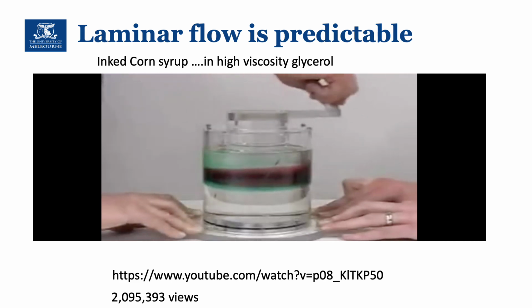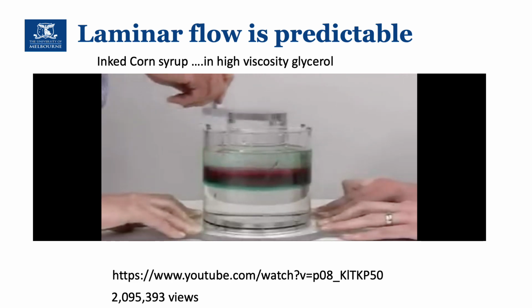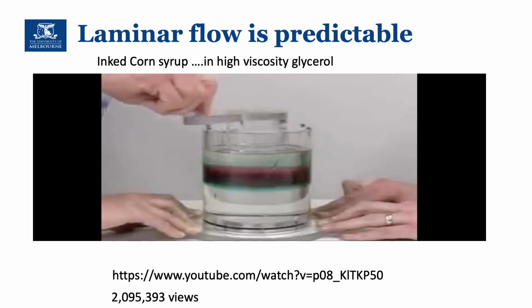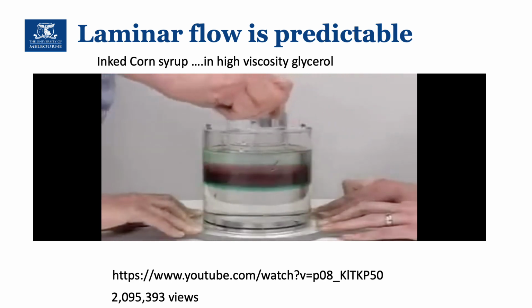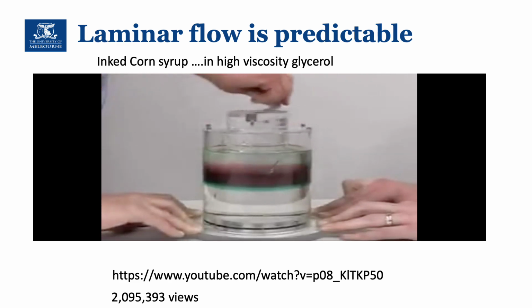There is a cylinder in the middle, and what they're doing at this point is moving it in a constant fashion and at a slow speed. The inner cylinder will produce some kind of friction between layers of glycerol that drags all the way into the corn syrup that has been injected.